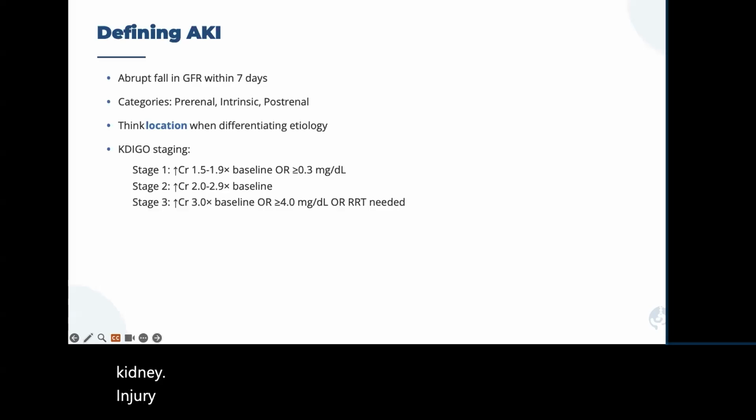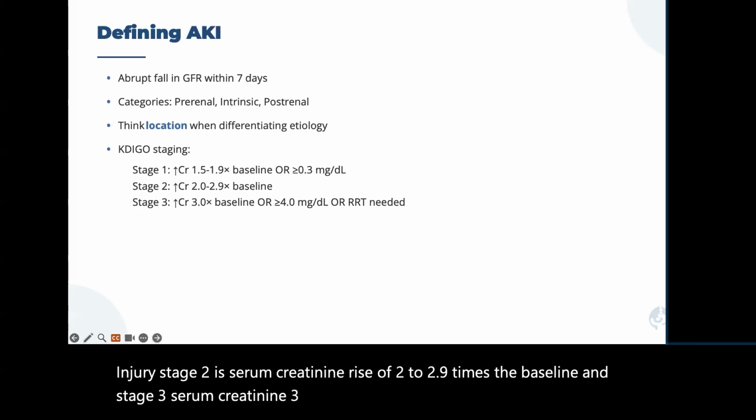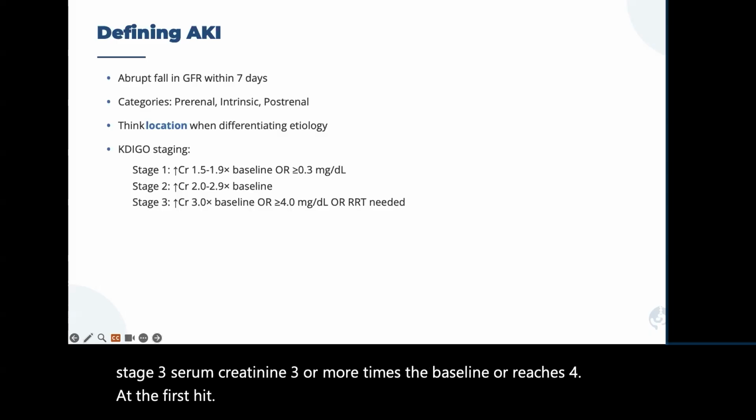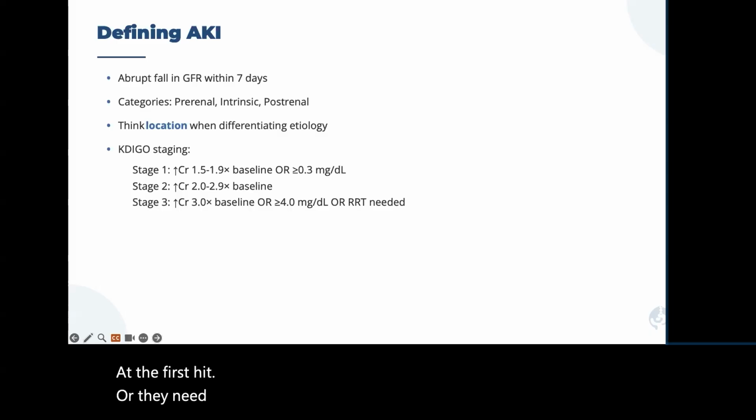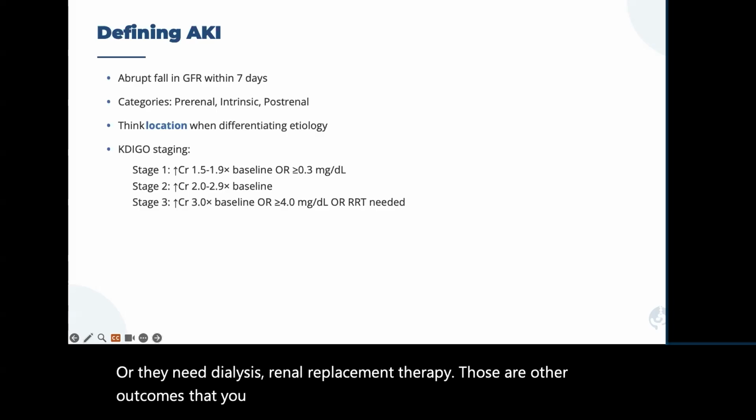Stage 2 is a serum creatinine rise of 2 to 2.9 times the baseline. Stage 3 is a serum creatinine of 3 or more times the baseline, or reaching 4, or needing dialysis, renal replacement therapy. Those are other outcomes you can use to stratify how bad the kidney injury is.